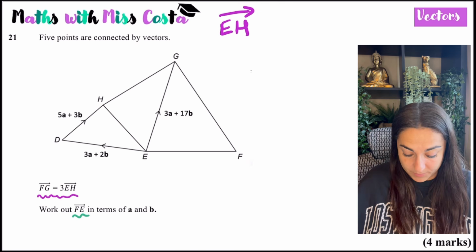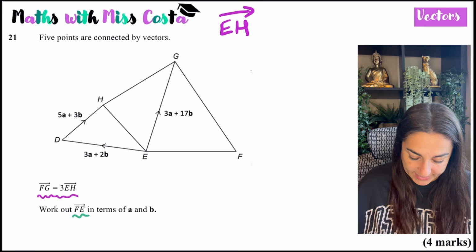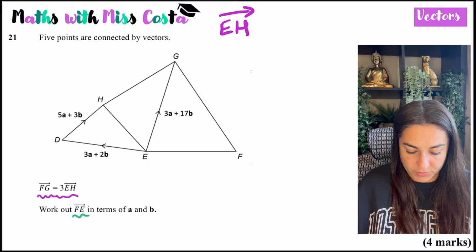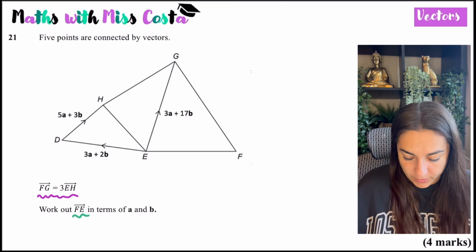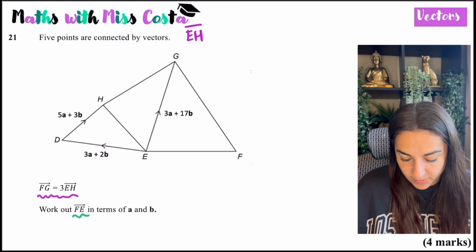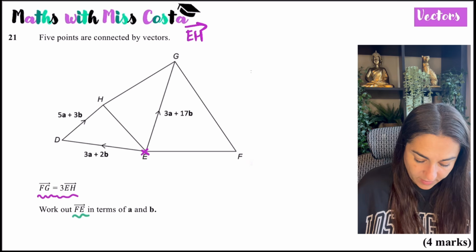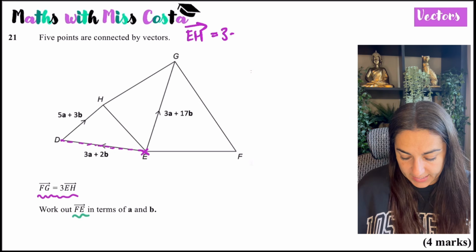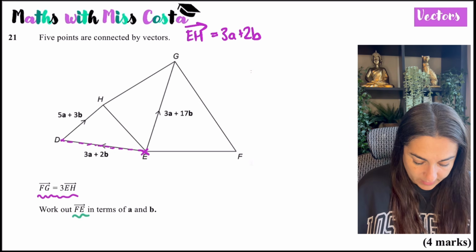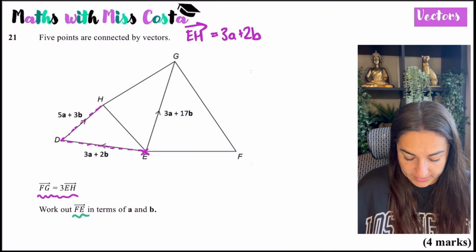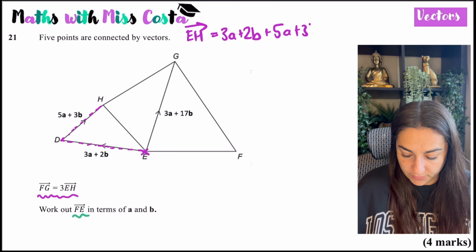So the first step would be to work out what EH is. Now, if we do the method that I told you, so to go from EH, we start from the first letter, go to the next one. So we start from here, we go along this route, which is 3a plus 2b. And then we go along this route here, which is 5a plus 3b.